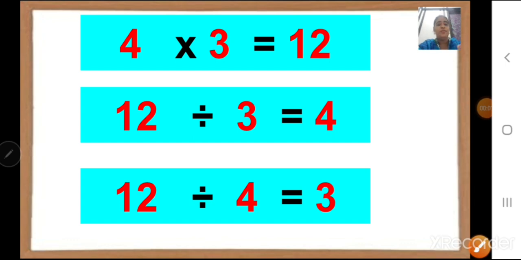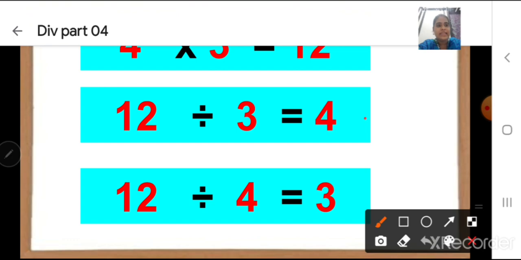Children, now with all these examples, we have learned some interesting facts about multiplication and division, which is that division is the opposite of multiplication and multiplication is the opposite of division. How, children? Now see, look at the second example.